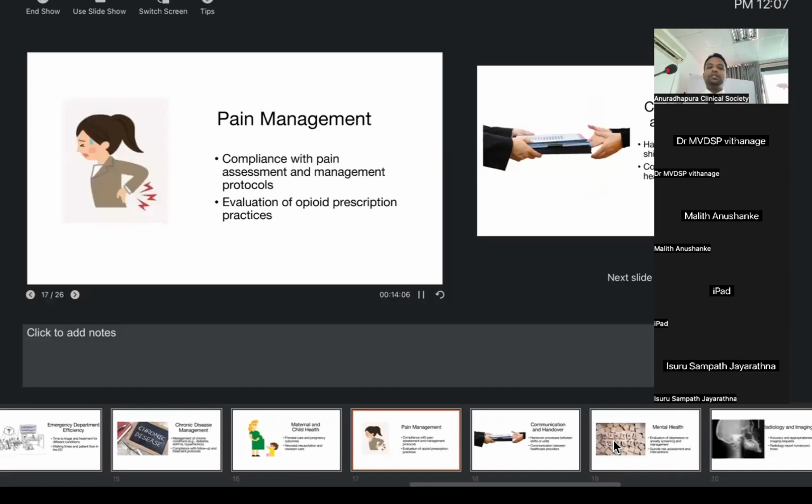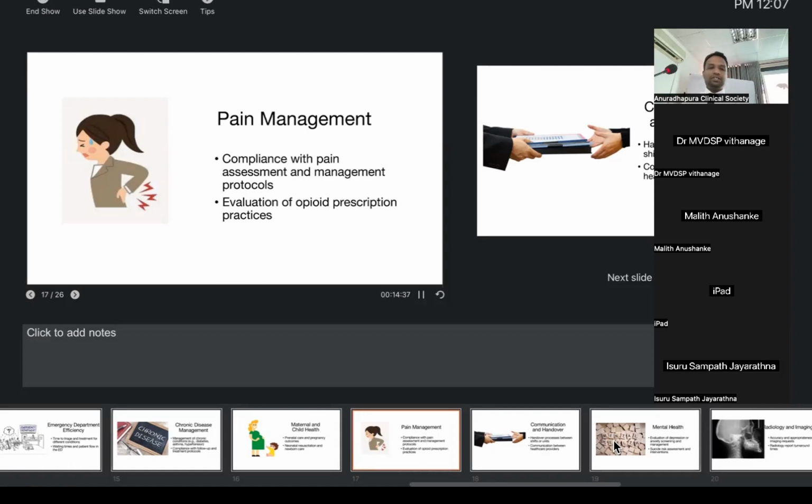Pain management, compliance with pain assessment, with referrals to the physiotherapy units, whether all the patients are referred adequately, referral criteria, or whether unnecessary referrals are there. Once they are referred, how many patients are attending the physiotherapy or counseling or whatever the other session. All are audits. I think I have mentioned about 50 to 100 different audit opportunities that you can do.